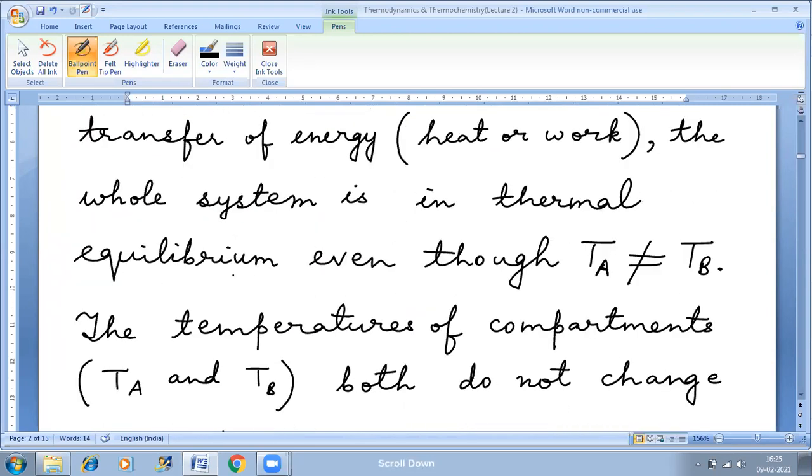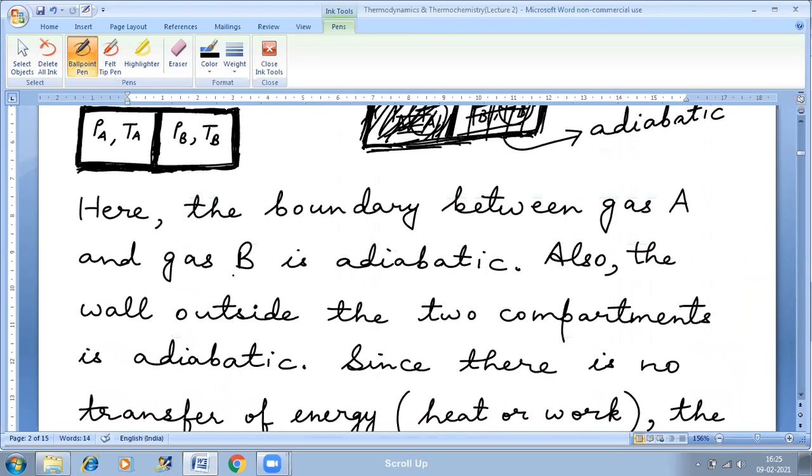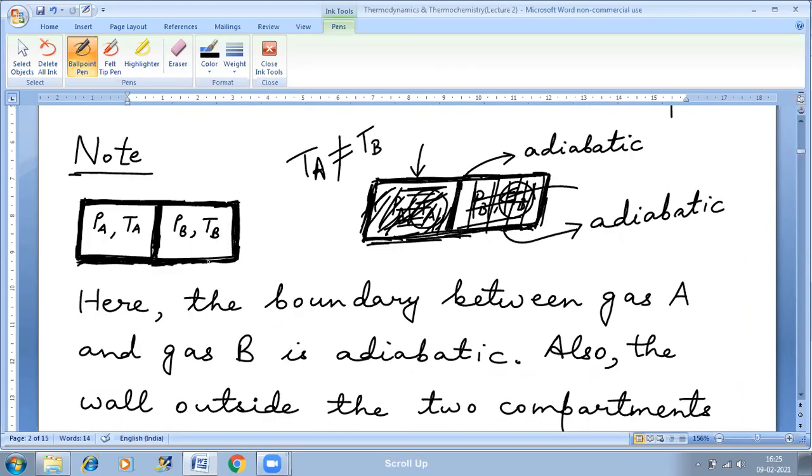Also, there is no scope for any work. Why is there no scope for work? Because you don't have any piston or any arrangement that can do work. So there is no scope for heat, there is no scope for work, and so temperatures do not change with time.